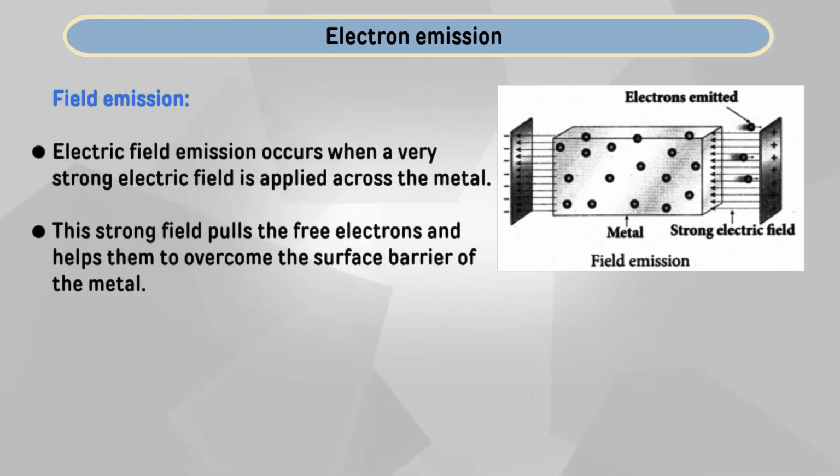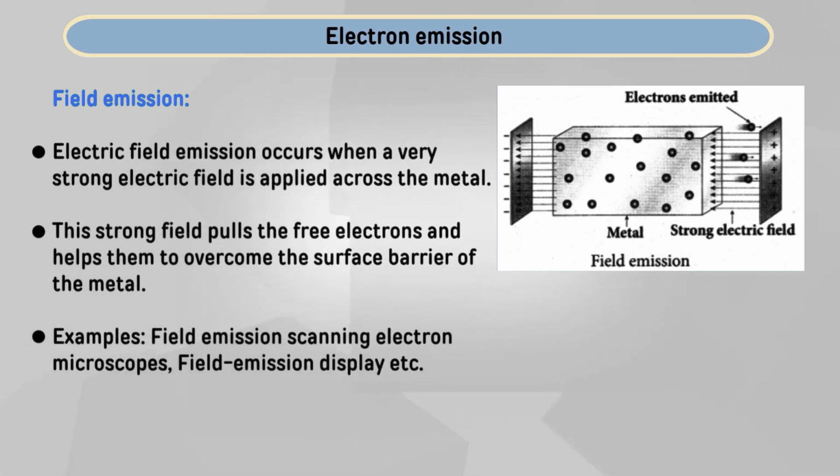Here we are providing that energy in the form of an electric field, so this type of emission is known as field emission. Examples of field emission are the field emission scanning electron microscope, FESEM, and field emission display.